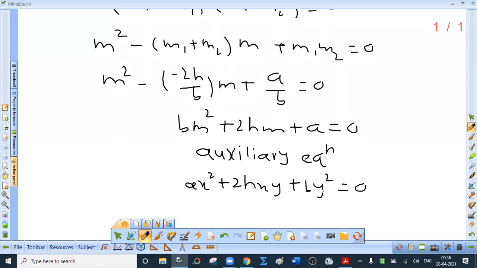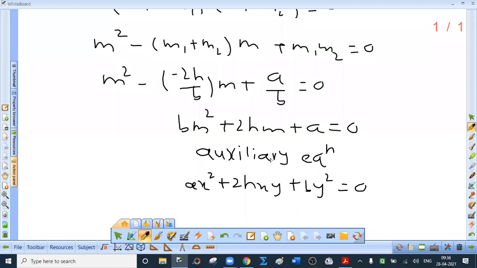Replace y square by m square, so bm square. Replace xy by m. And just consider the coefficient of x square. See, instead of by square, it is bm square. Instead of twice hxy, it is twice hm. And instead of ax square, it is just a.